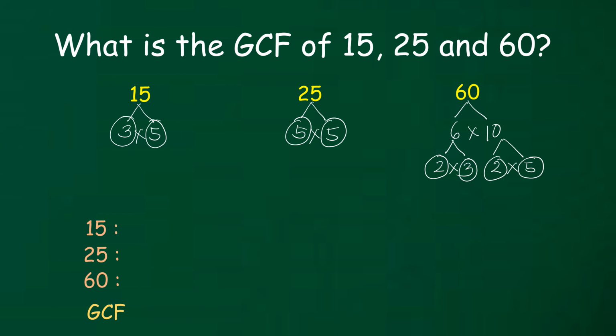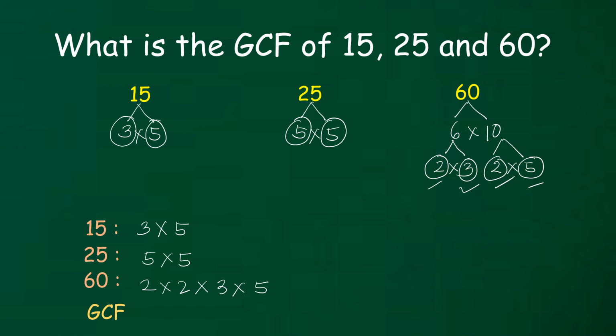Let's list down the prime factors. For 15, you have 3 times 5. For 25, you have 5 times 5. For 60, you have 2 pieces of 2, then times 3, then times 5.